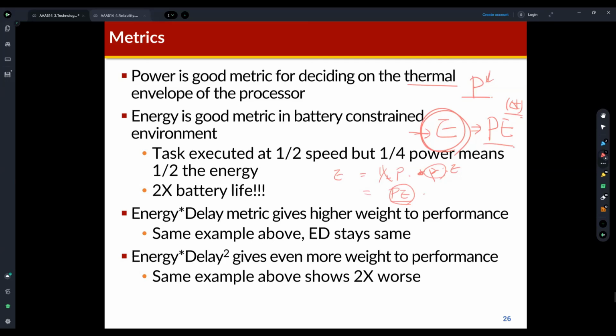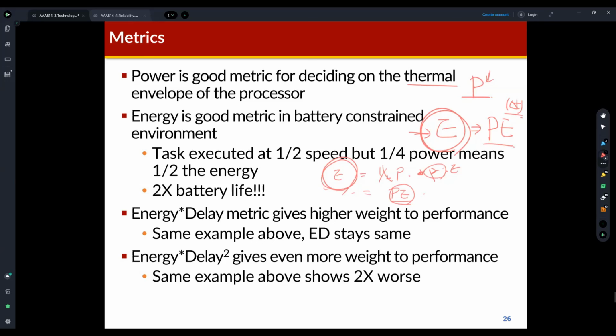This means that we can reduce the cooling cost, or we can use some cheaper packaging for our chip. But if we just consider running cost like energy, then energy consumption is the same because the performance is also reduced by half.